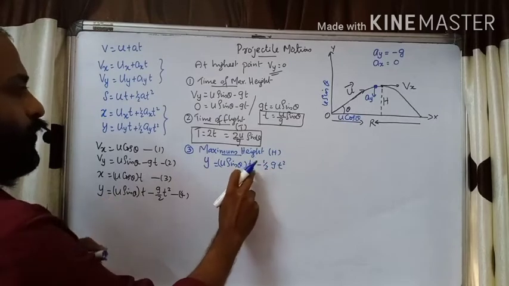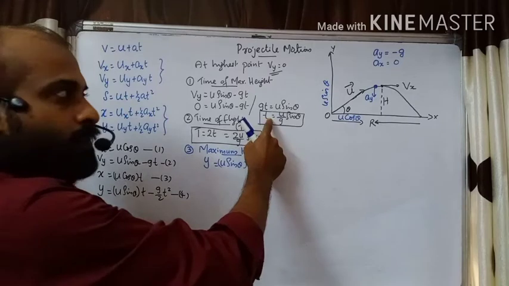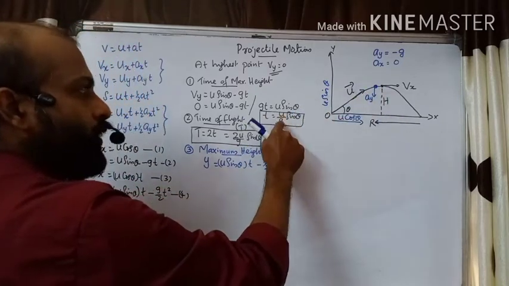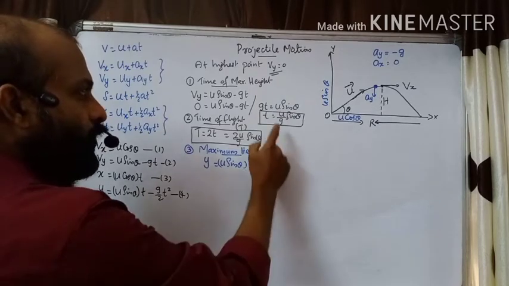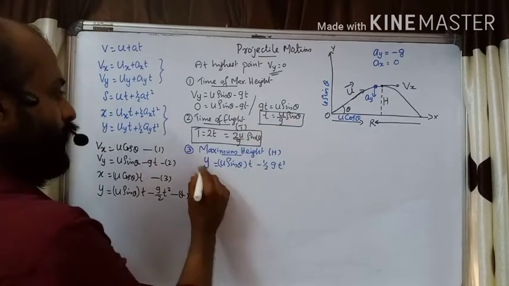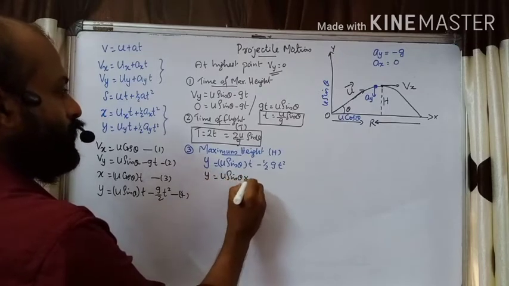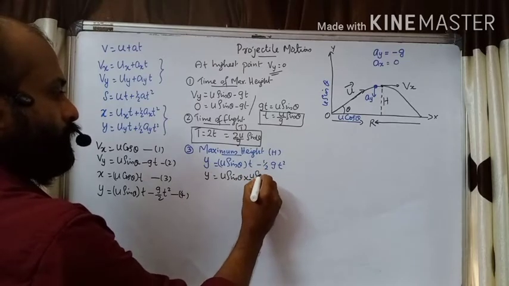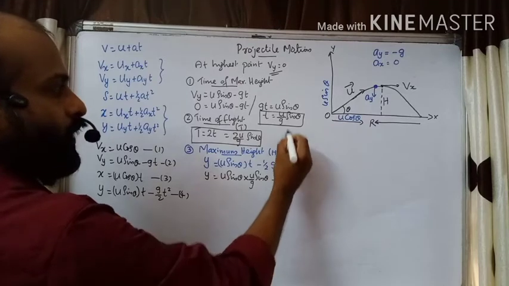Now it will reach the highest point in a time small t. What is the value of small t? Small t is equal to u by g sin theta. Substituting here instead of t, u by g sin theta. So y is equal to u sin theta into u by g sin theta, minus half g into t square.